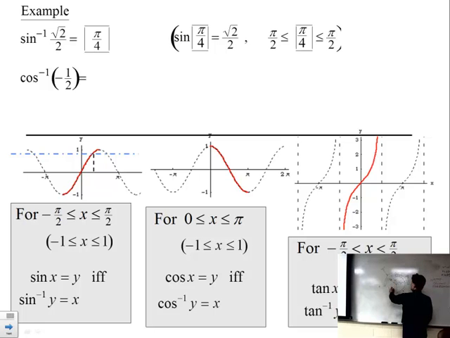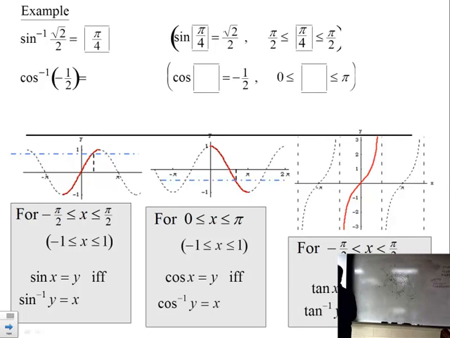Well, we draw the line x is equal to negative a half and see where it intersects the unit circle, right there and right there. But that's not in the range of the cosine inverse function. This one is, so we take that one, and that's the angle. What angle is that? It's another special angle. It's 2 pi over 3, or, if you prefer, 120 degrees.